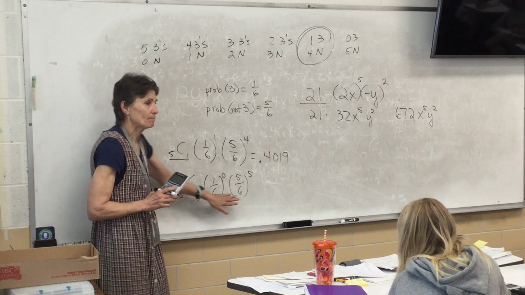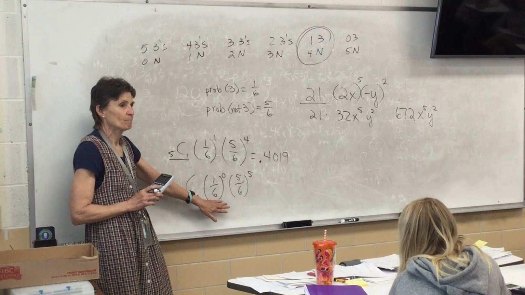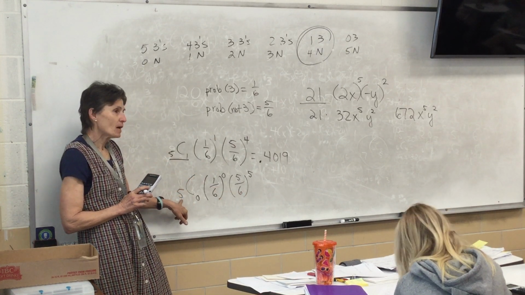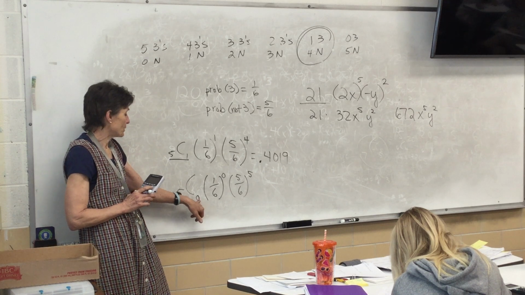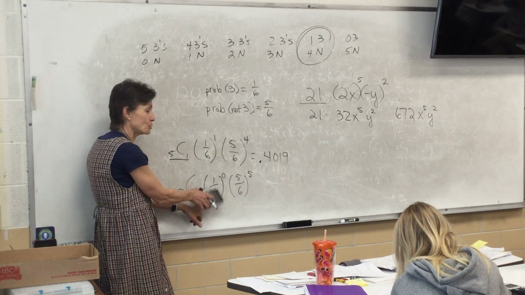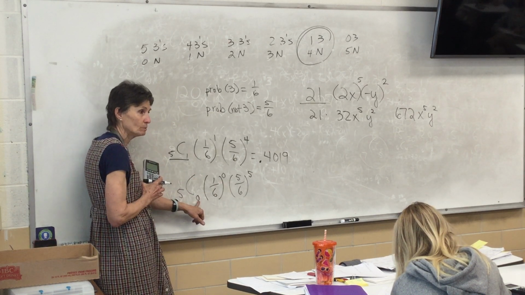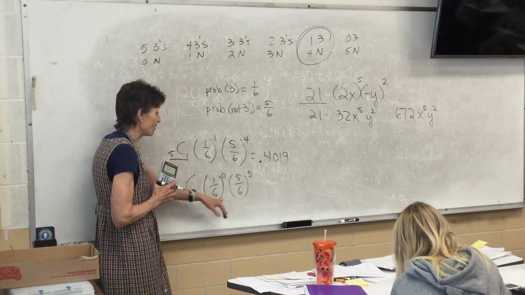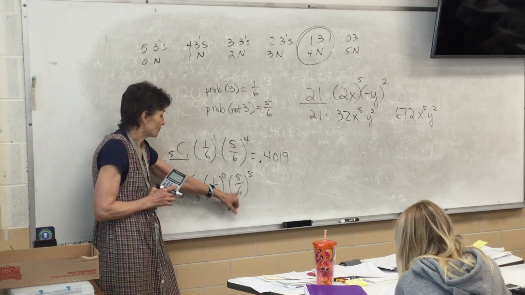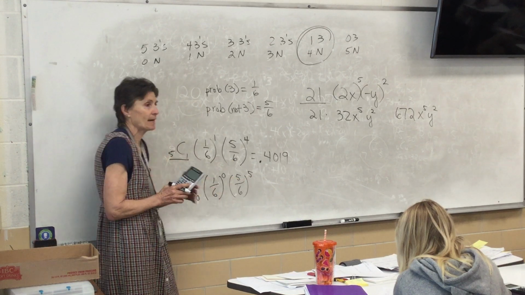Now, is that starting to make sense? I'm rolling the die 5 times. I want no 2s, so there's the 2 probability, and it gets a 0. That means I have to have 5 not 2s, so there's the not 2 probability, and I got 5 of them.